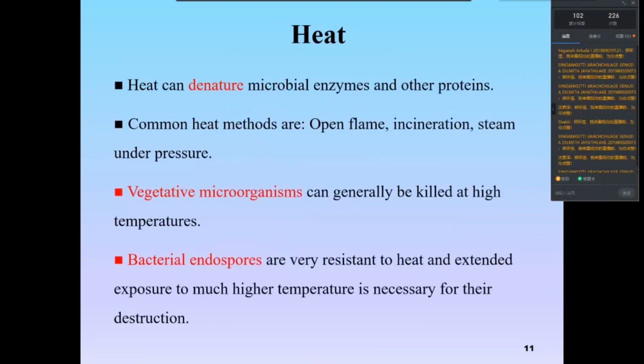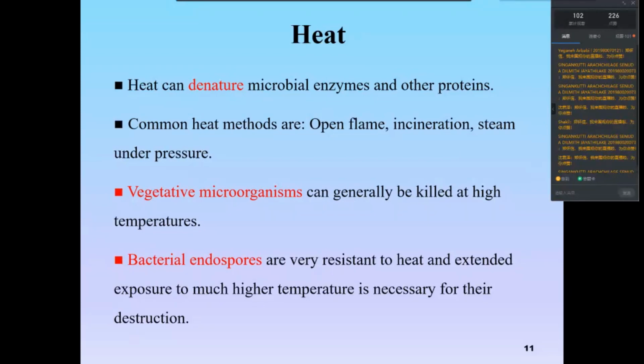The heat or high temperature can denature microbial enzymes and other proteins. We know that microorganisms, like bacteria, contain a lot of proteins, and some of them are active enzymes. To keep proteins stable, you need a proper temperature.